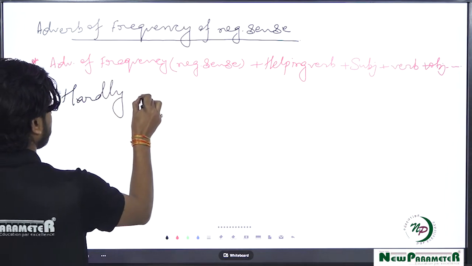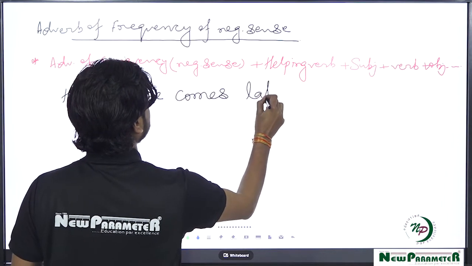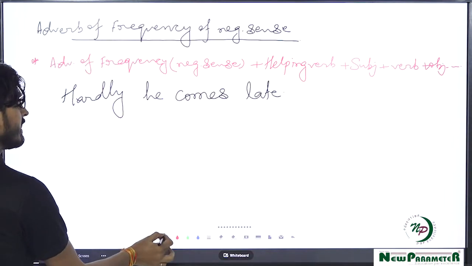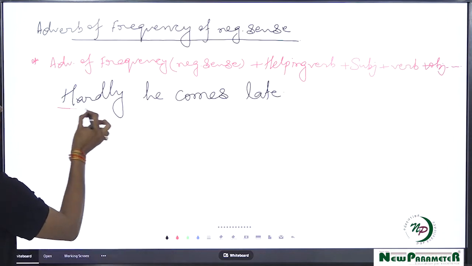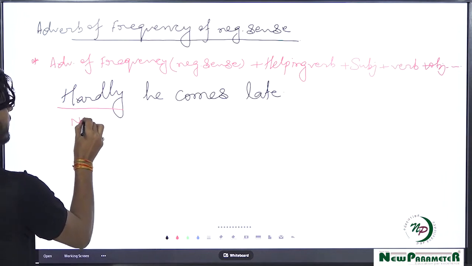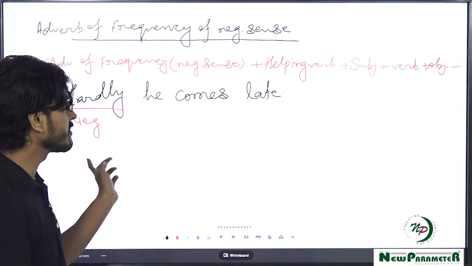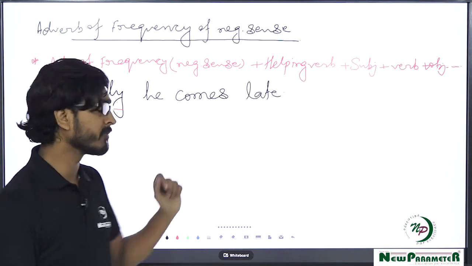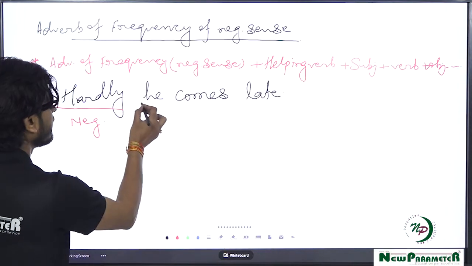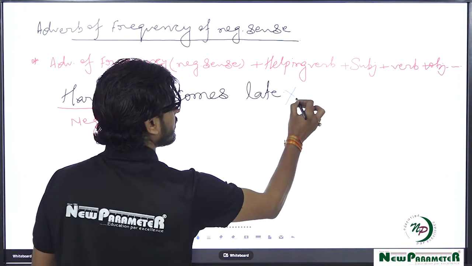Hardly he comes late. Now we'll see that hardly is what? An adverb frequency of negative sense. So whenever we use any negative sense of adverb frequency, we must use firstly helping verb, then subject. But here we have used a subject. So this sentence is wrong.